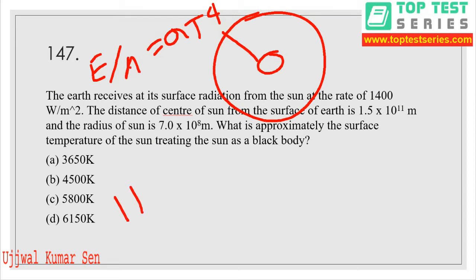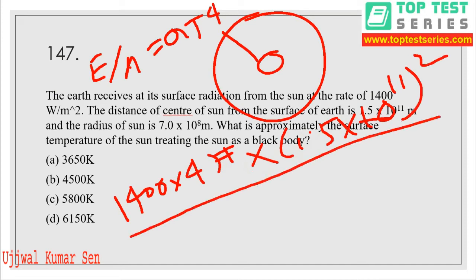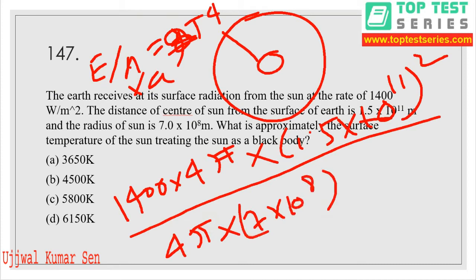So let me write: 1400 multiplied by the area, that is very important, 4 pi, where the distance means the radius, 1.5 into 10 to the power 11 whole square, divided by the area multiplied by sigma, equal to T to the power 4. The area is again 4 pi r square because it is a sphere, 7 multiplied by 10 to the power 8 whole square, multiplied by sigma 5.67, the Stefan-Boltzmann constant, 10 to the power minus 8.